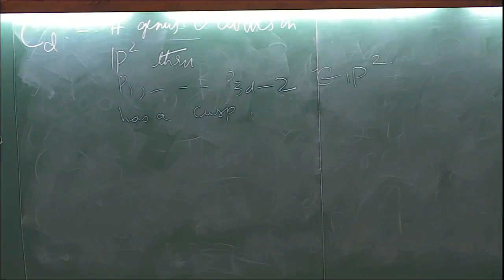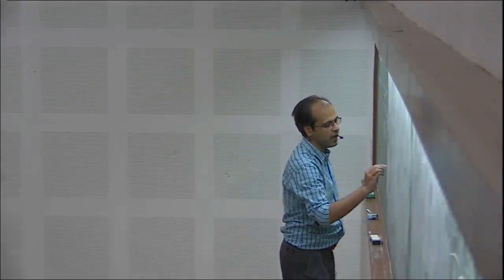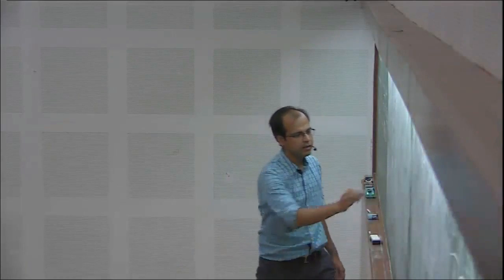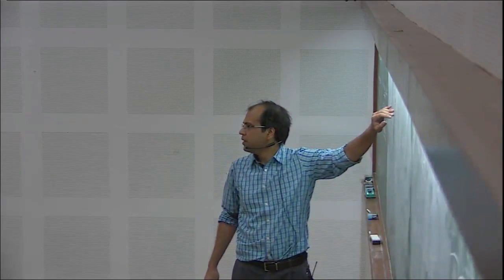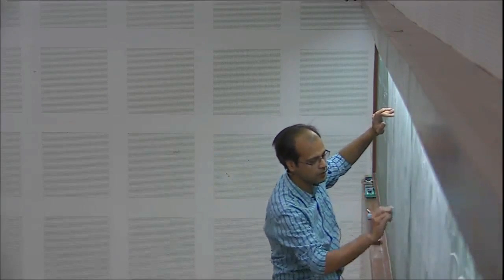What do I want to exactly compute? Let me first define this M. M is the space of maps with a certain number of marked points. How many marked points? I'll take 3D minus 1 marked points.